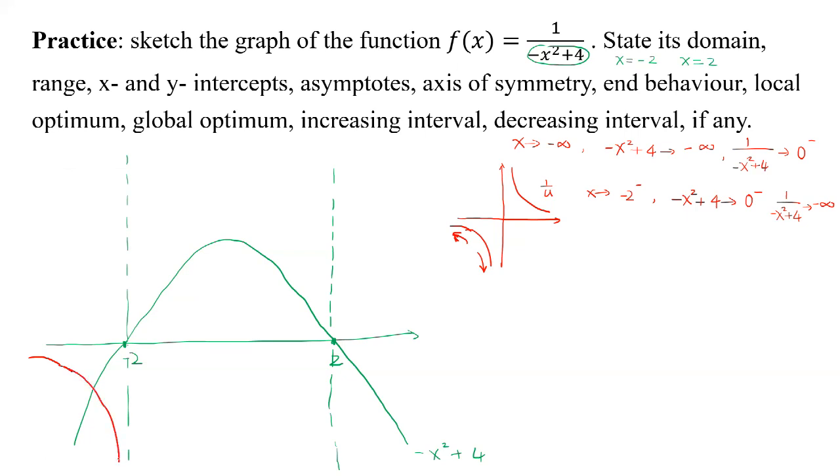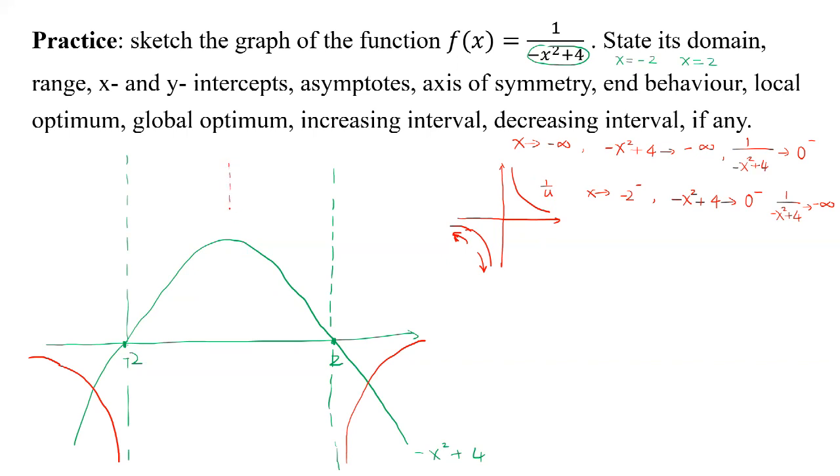It approaches -∞. For the other side, you can use the same method to analyze, or you can just use the property of line of symmetry to directly find its branch like this. I'll just draw it like this.